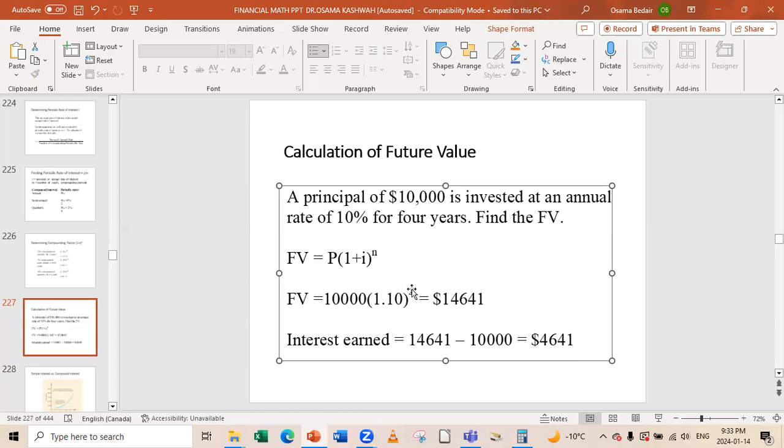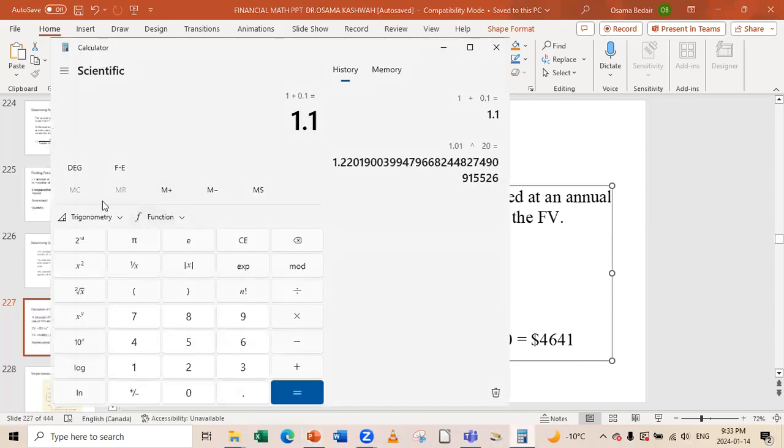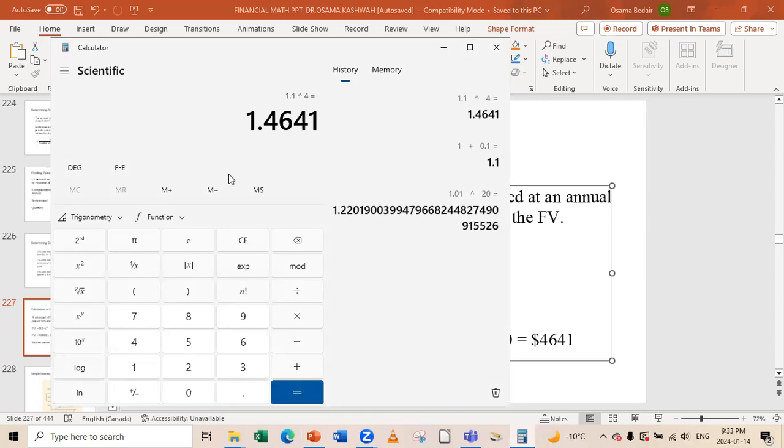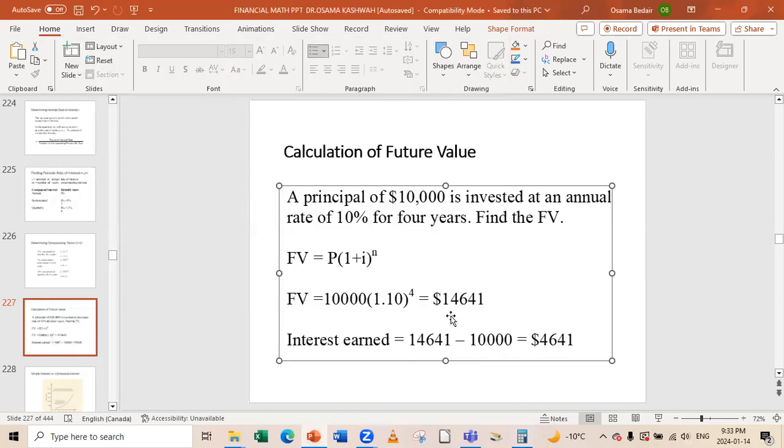Power 4. So how will I do this? I will go to the calculator, press CE, and enter 1.1, then x to the power y, 4, equals 1.464.